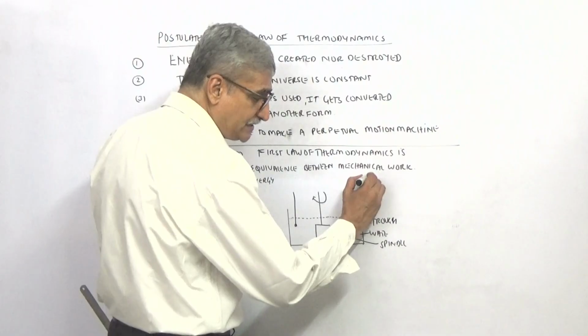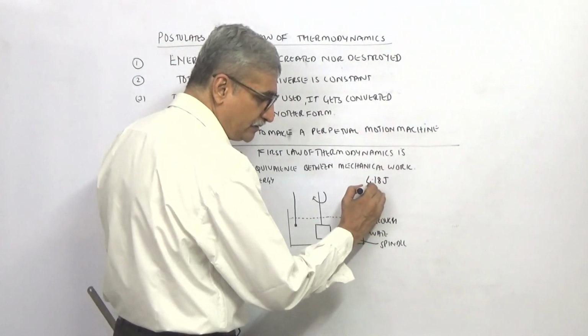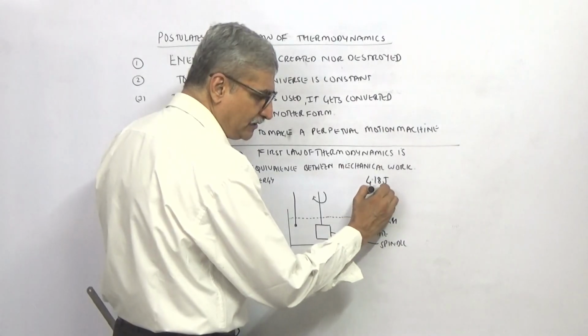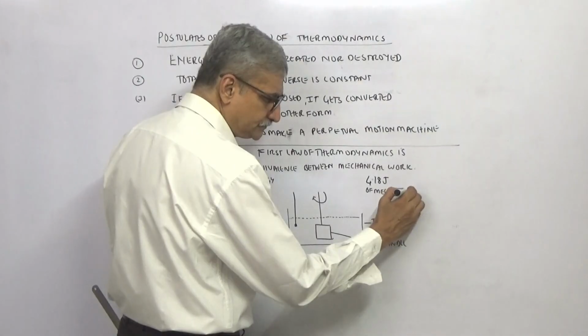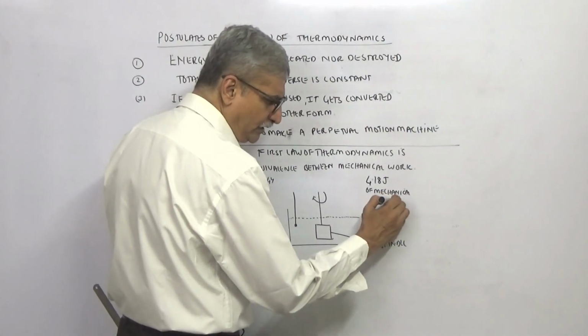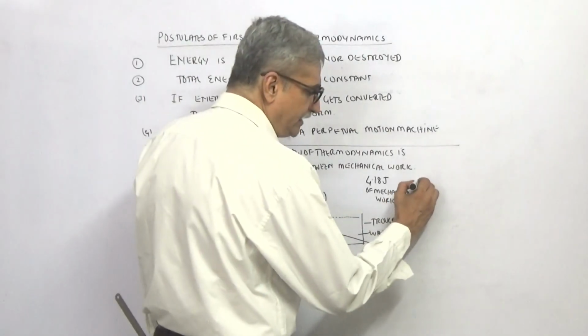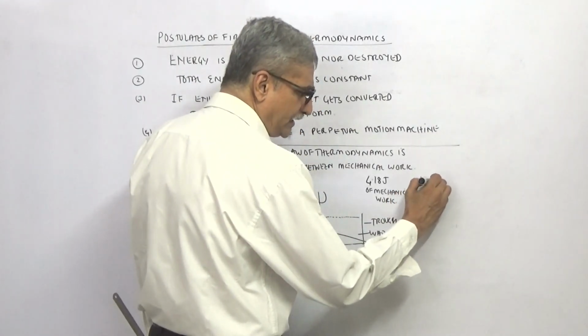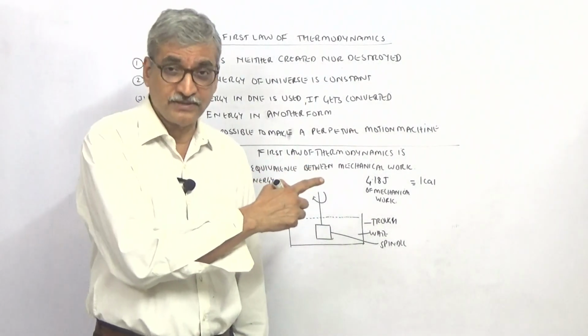So what did he realize? He realized that 4.18 joule of mechanical work produced a heat energy equivalent of 1 calorie. So which is the largest unit? Calorie is always the largest unit, remember that.